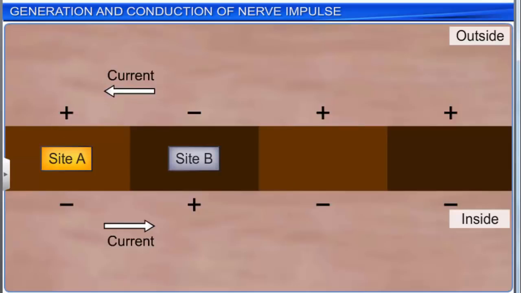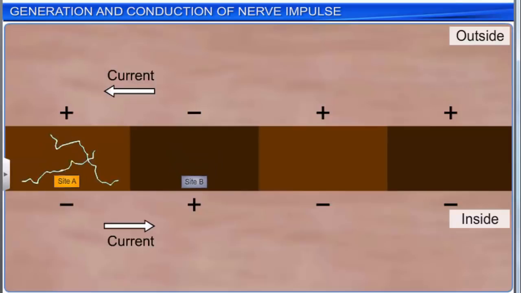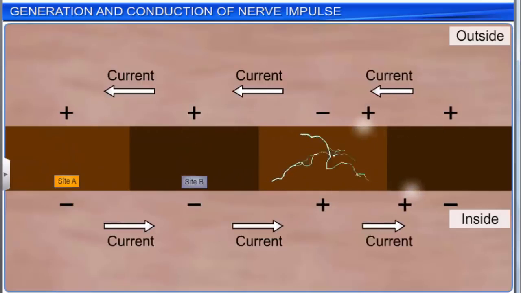This reverses the polarity at the site, and an action potential is generated at site B. Thus, the impulse generated at site A arrives at site B. The sequence repeats along the length of the axon for the impulse to be conducted.